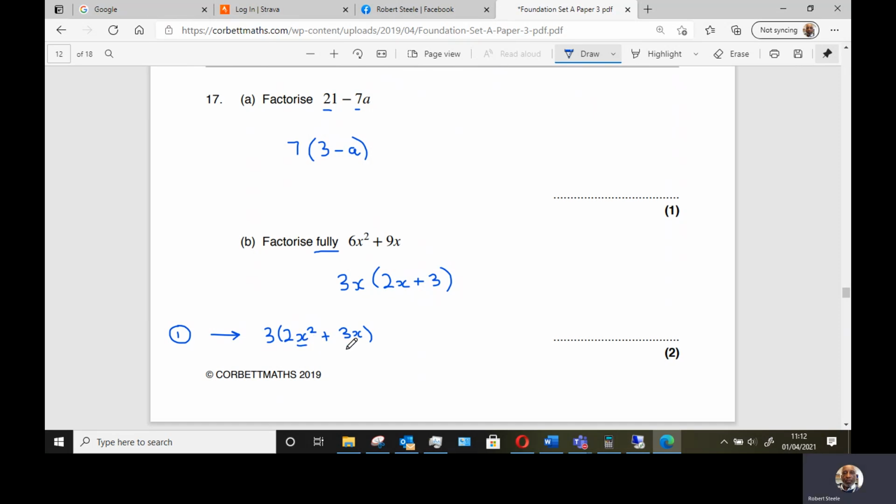You've still got x's inside the brackets. So it's not fully factorized until everything that's in common is outside the brackets. Yeah, so this is the one we like. This is our 2 marks answer.